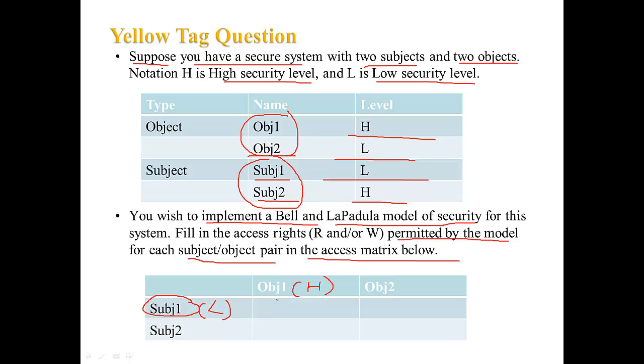So let's determine whether subject 1 can write to object 1. Because object 1 is high level and subject 1 is low level, based on no write down, that means subject 1 can write to object 1. Based on no reading up, subject 1 cannot read object 1.